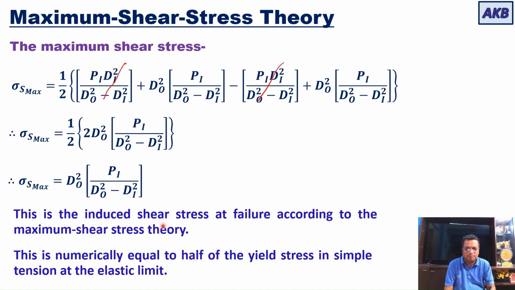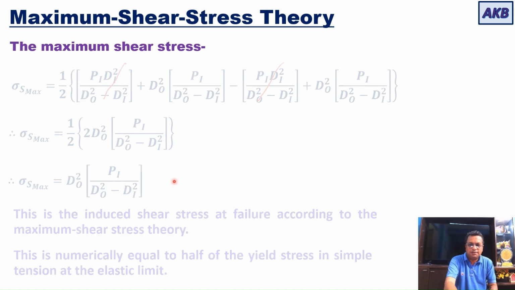Okay, so what is the concept? We got the equation for sigma max, and this is numerically equal to 1/2 of the yield stress in simple tension at the elastic limit.